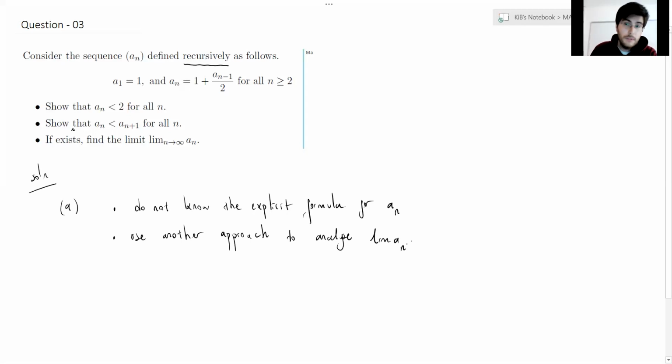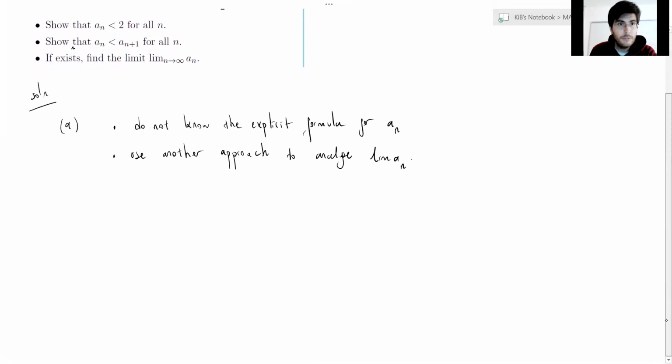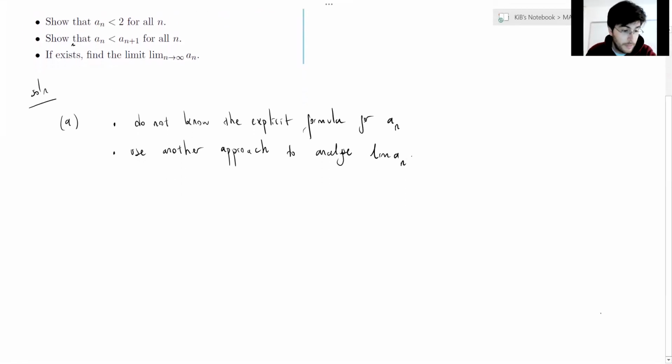In the previous problems, in questions 1 and 2, we knew the explicit formulation, but now we don't have that information, but still we can prove something. So how to prove a statement like this, for instance in part A?